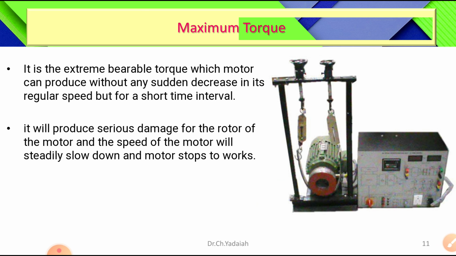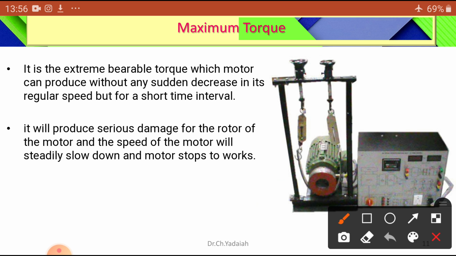Now I want to find the maximum torque. What is the maximum torque? It is the extreme bearable torque which the motor can produce without any sudden decrease in its regular speed, but only for a short time interval. For example, when we add the load, already you know this is the spring load we are adding on the motor. Under normal condition, the spring is loose and the rotor is running at normal speed.